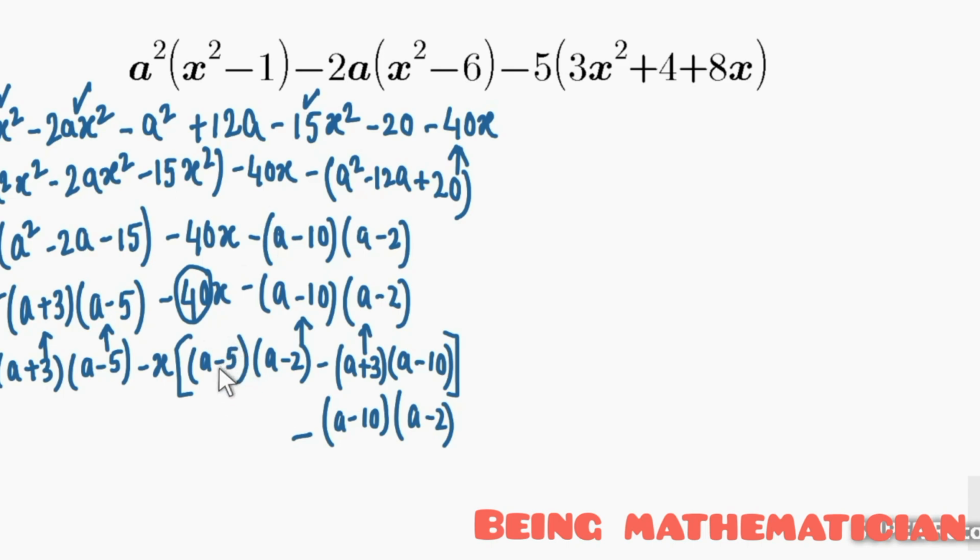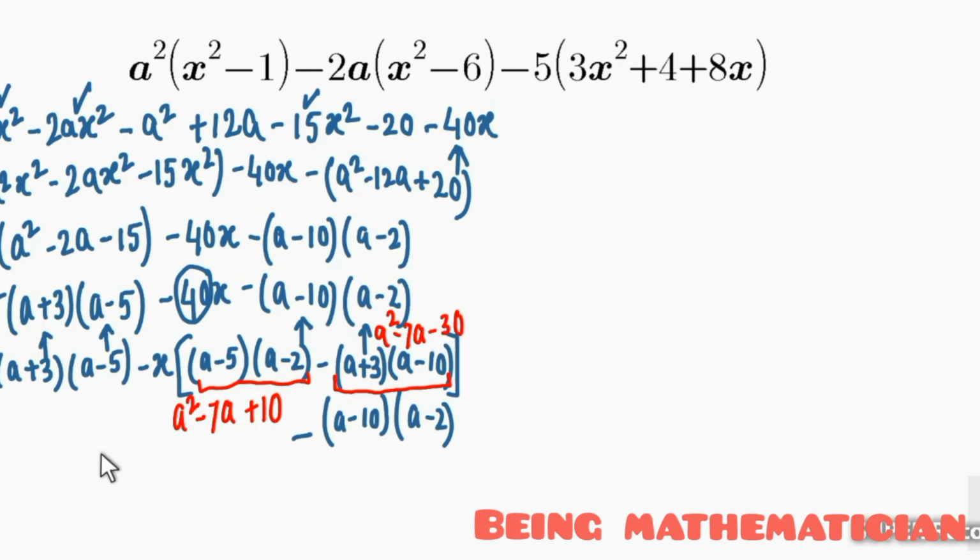Here we observe that the multiplication of (a − 5)(a − 2) is a² − 7a + 10, and the multiplication of (a + 3)(a − 10) is a² − 7a − 30.